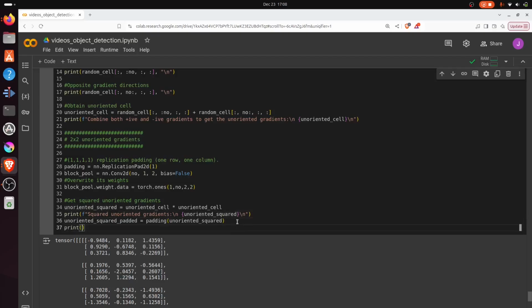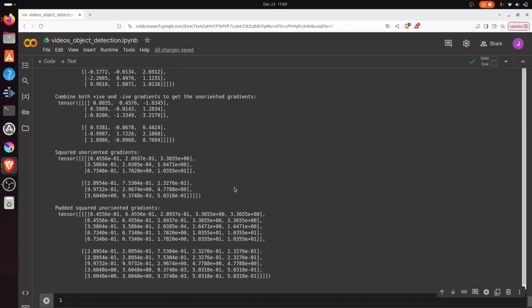Yeah, in that way we are going to obtain essentially the padded unoriented gradient. So now it's going to be the padded squared unoriented gradients. Okay, let's see, fantastic, and on unoriented squared padded, great. So essentially, as you can see, we have the same.